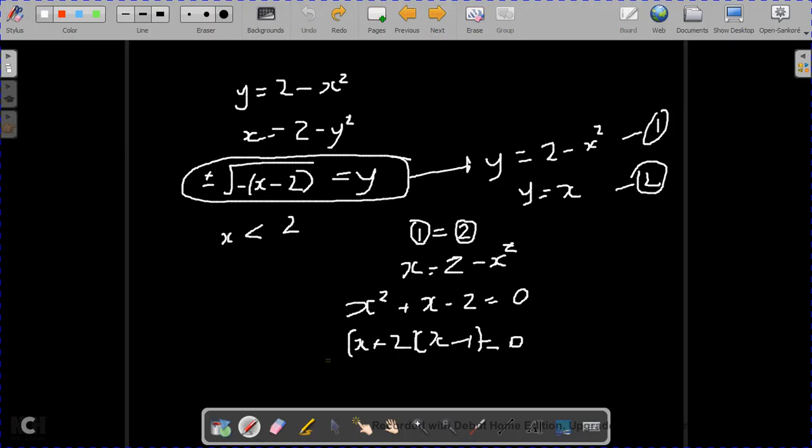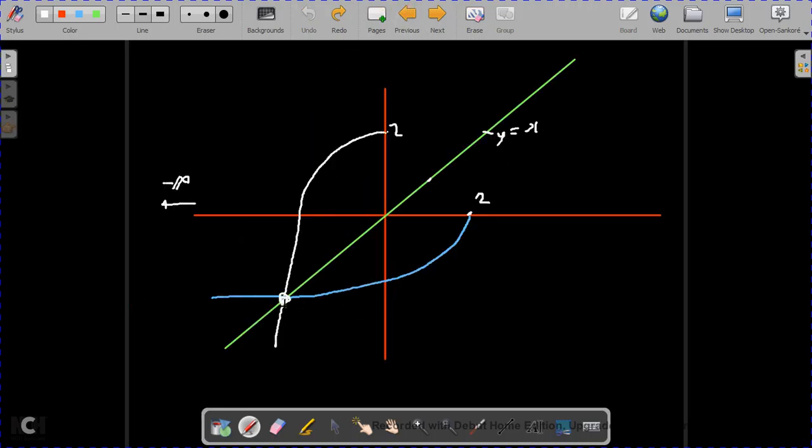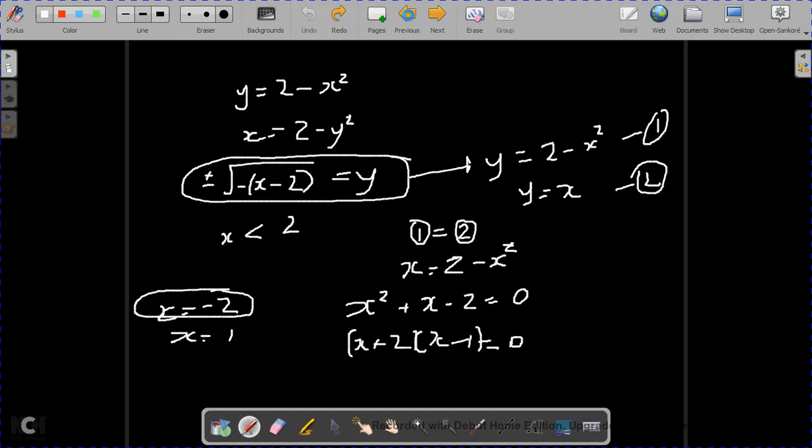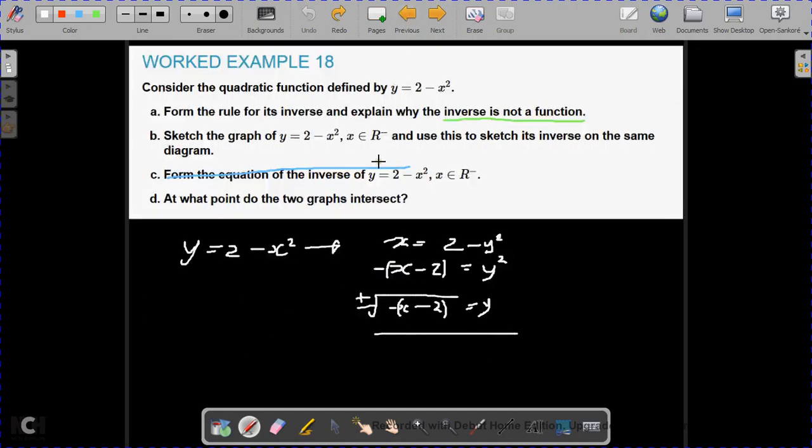So which one was it? We either had x equals minus 2 or x equals positive 1. Okay, we want this value here. So our solution is they intersect at x equals minus 2. So that's our solution for this one.